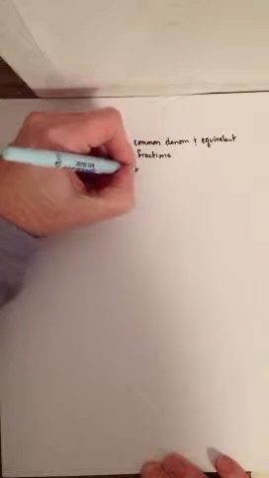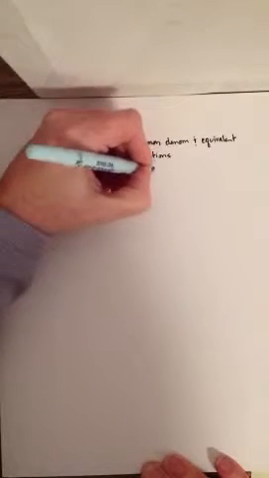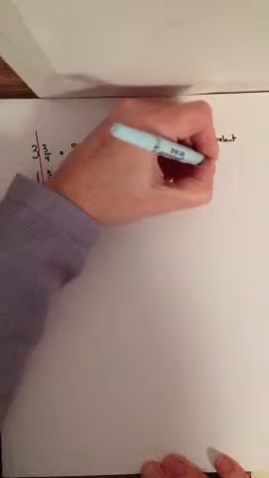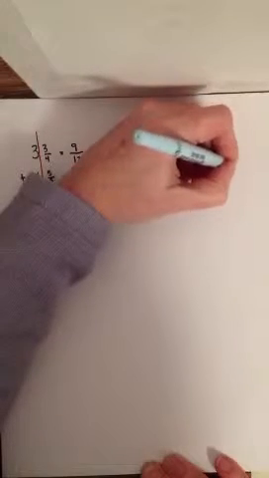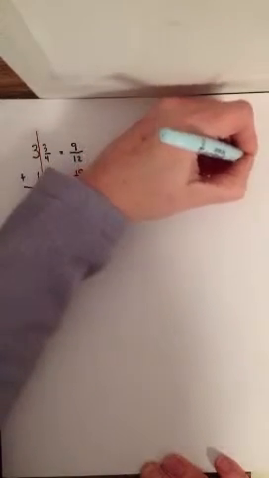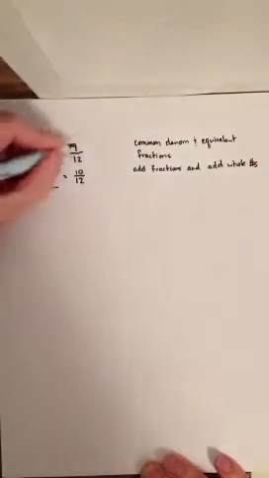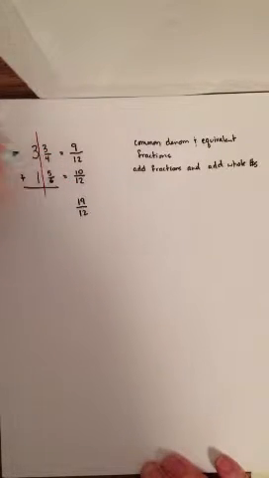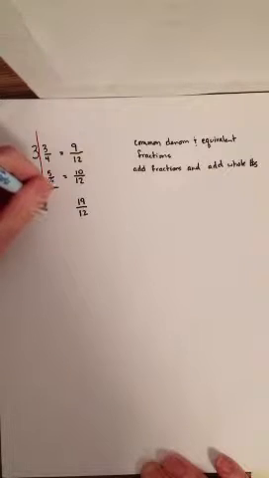Then you add the fractions and add the whole numbers. Adding the fractions gives us 19/12, and adding the whole numbers gives us 4.